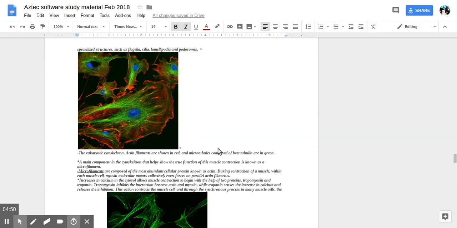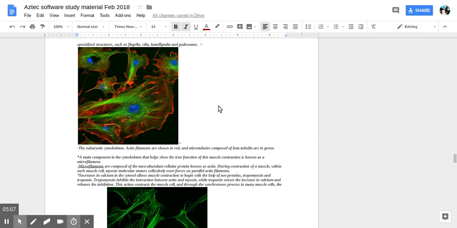Here they're in green, so they're thicker and towards the center. This is a beautiful picture. A main component in the cytoskeleton for the function of contraction is the microfilament.